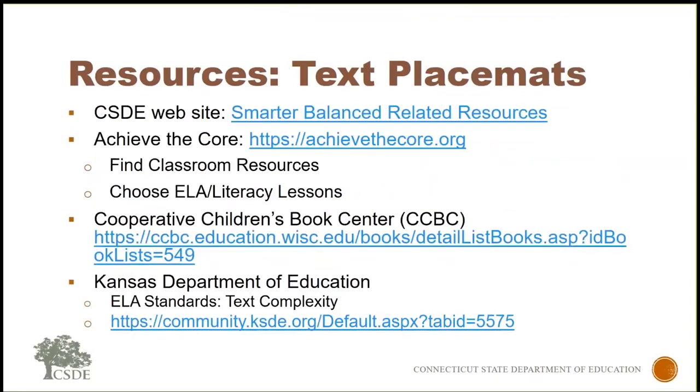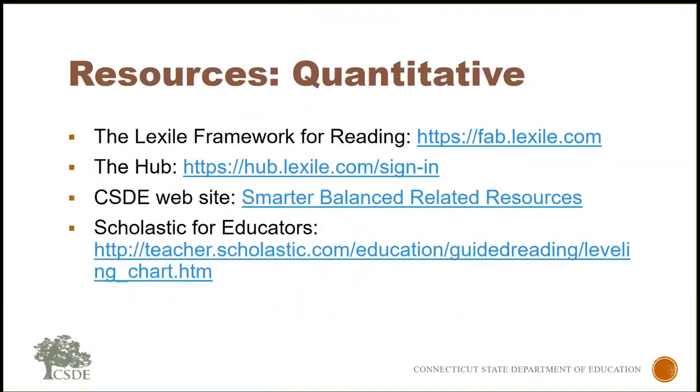The following links are for completed placemats and further information on text complexity. The Connecticut State Department of Education site has the templates for the placemat and both the literary and informational text rubrics. These resources provide quantitative measures for most trade books.